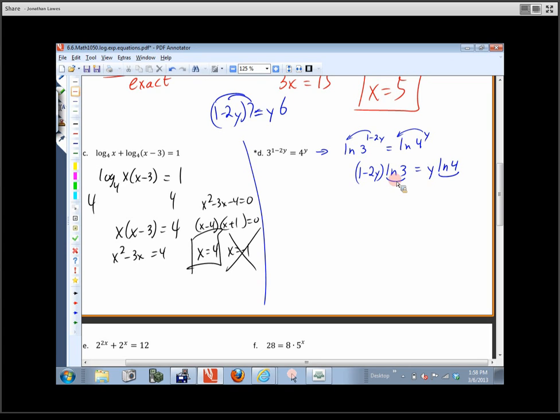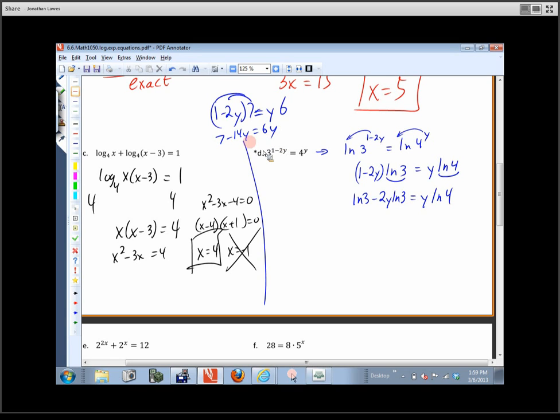Okay? So if I distribute that through, I'm going to get the ln of 3 minus 2y ln of 3 equals y ln of 4. Any questions? So here's where I'd be on this problem. This would be 7 minus 14y equals 6y.